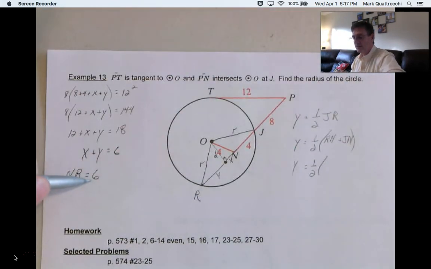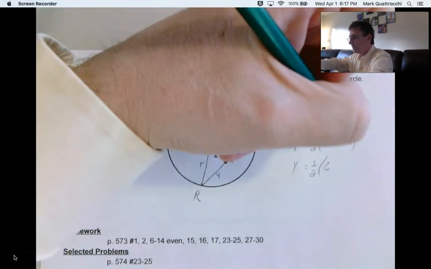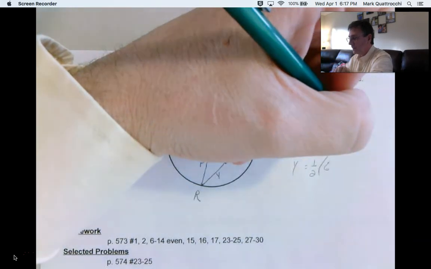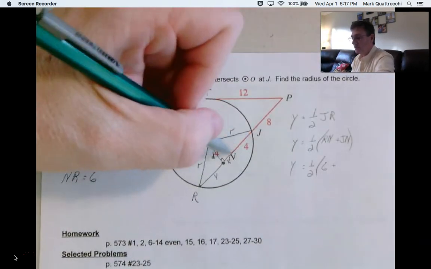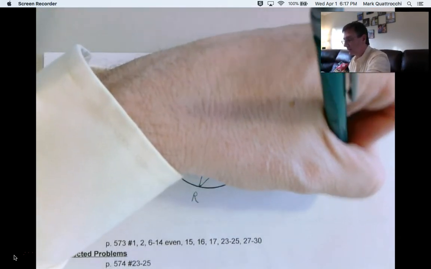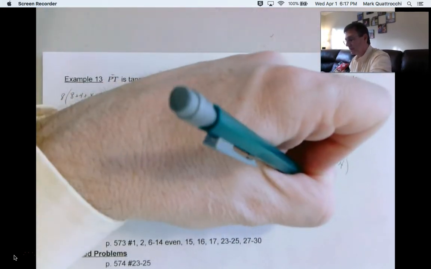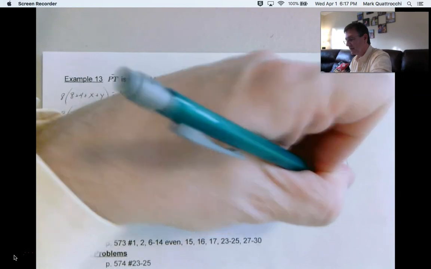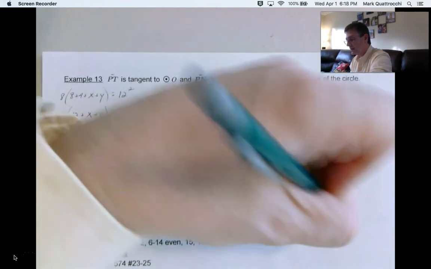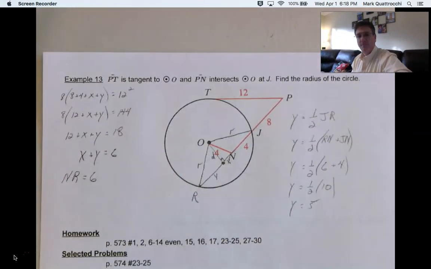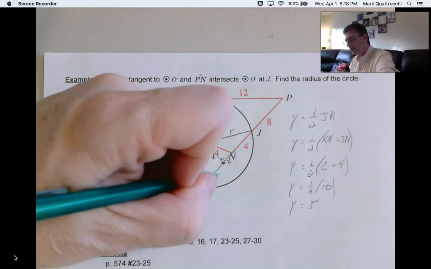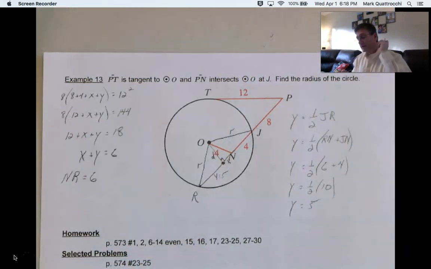RN we just found, 6, plus JN we're told is 4. Y is equal to half of 10. Y is equal to 5. So Y here is equal to 5.